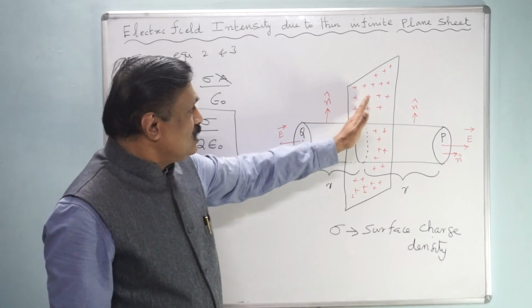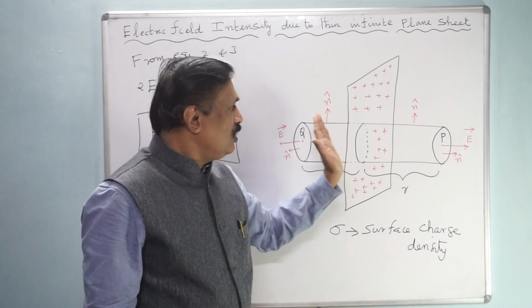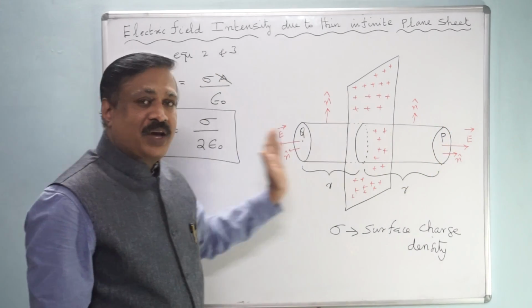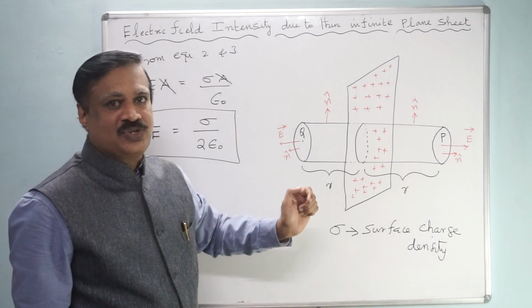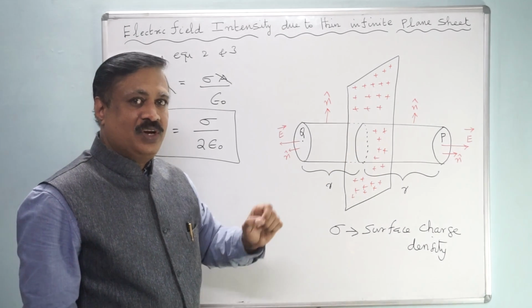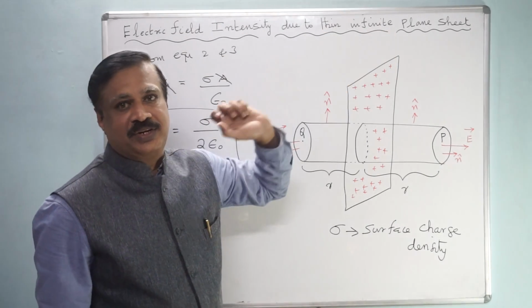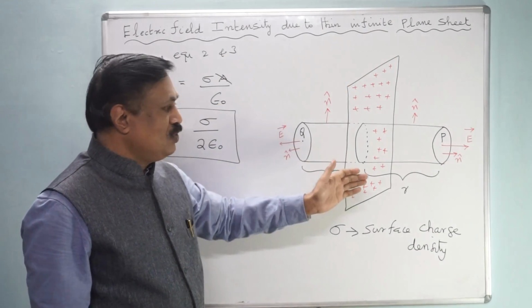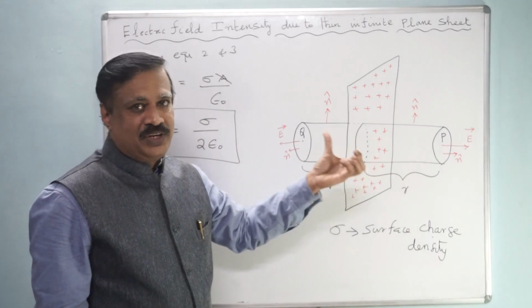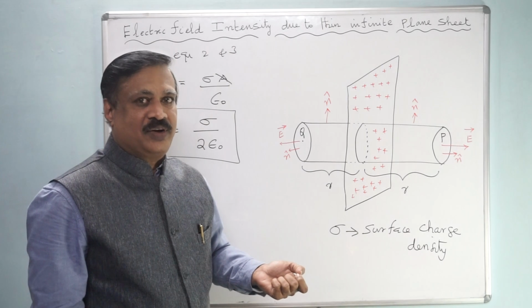All the charges are influencing, therefore the electric field is independent of distance. You have to understand that the electric field is independent of the distance due to an infinite plane sheet. If it is positive, then radially outward. If it is negative, radially inward. Thank you.